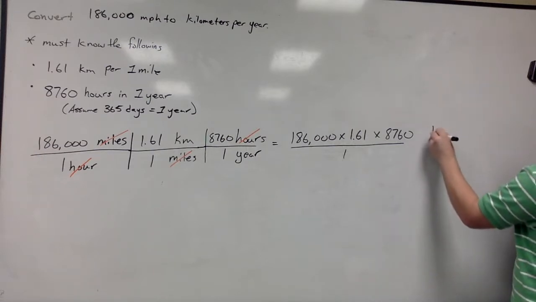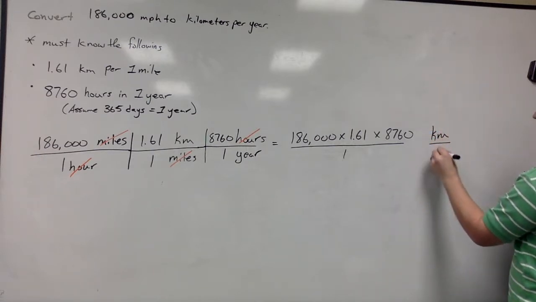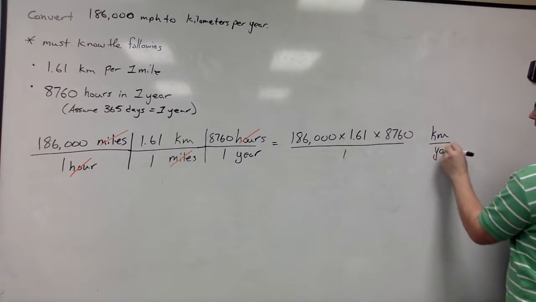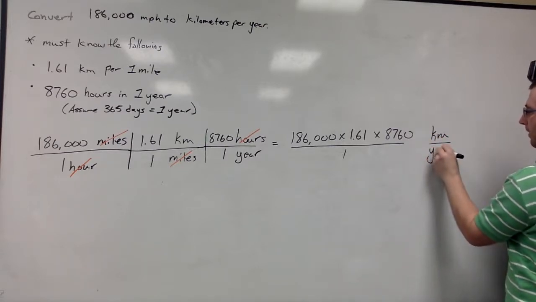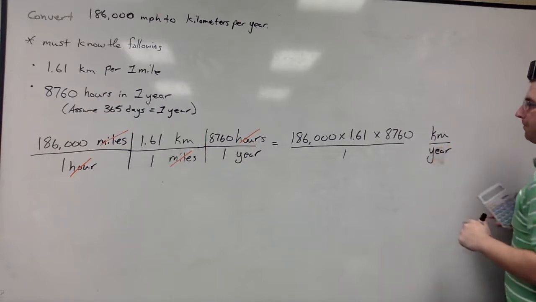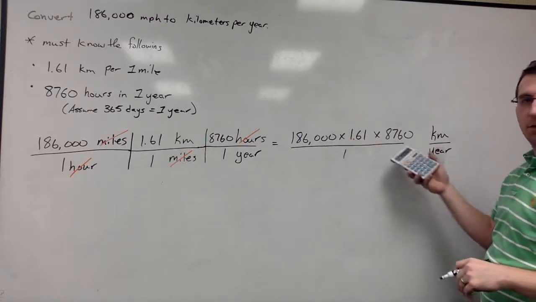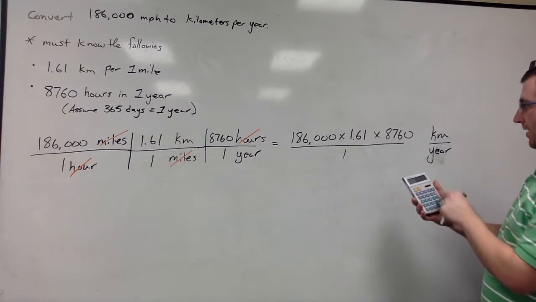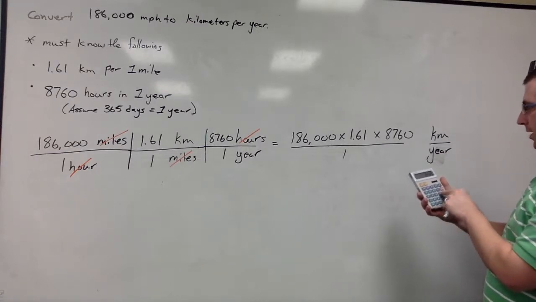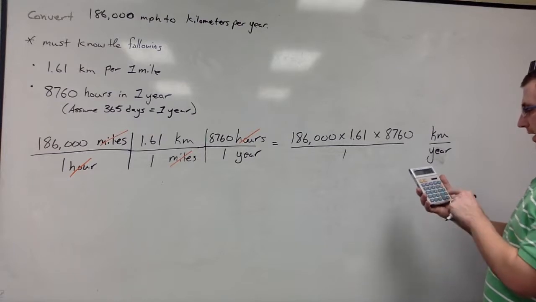Now the units: kilometers over year. It's Friday, I can't spell. So now all we have to do is just multiply straight across: 186,000 times 1.61 times 8,760.